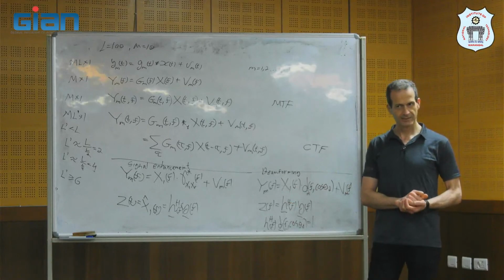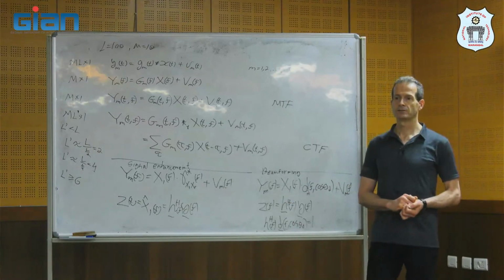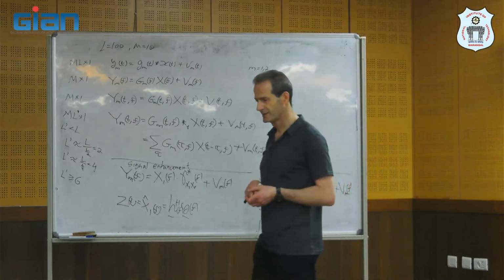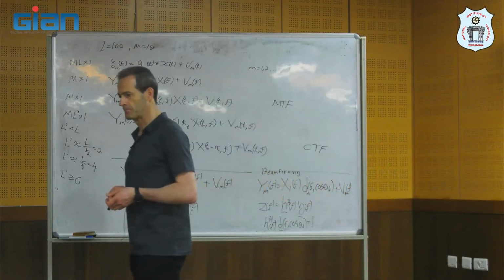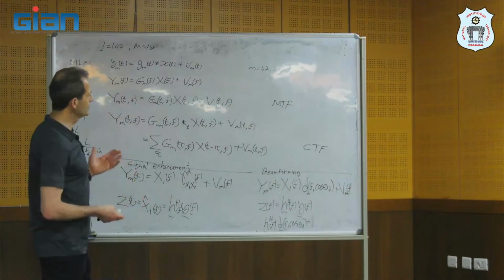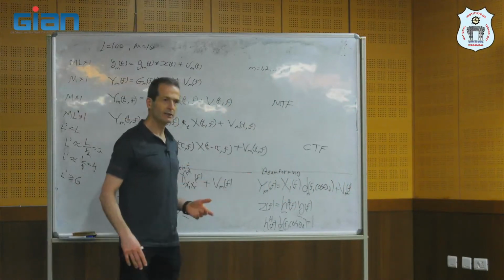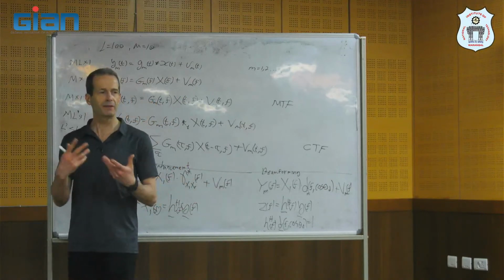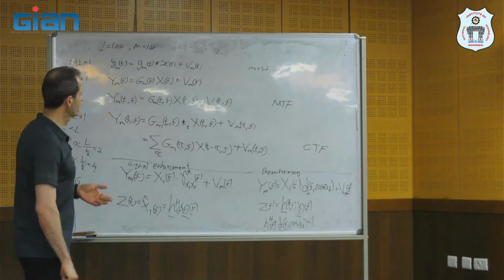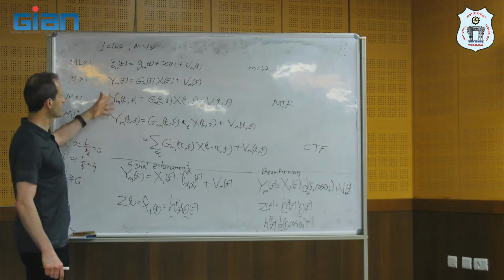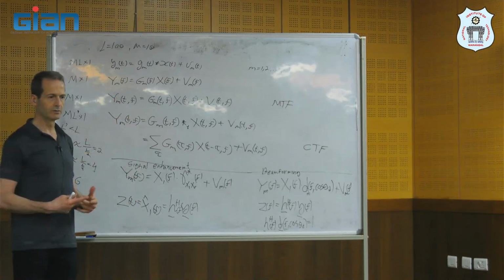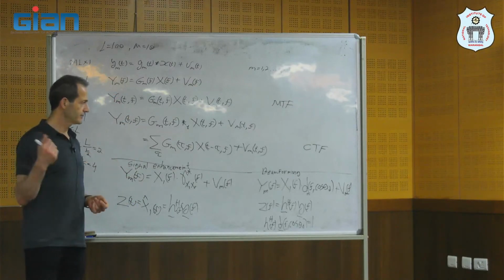So this is a big difference, but once you define the model, we can work with similar methods in the frequency domain or in the STFT domain, just like we defined yesterday.